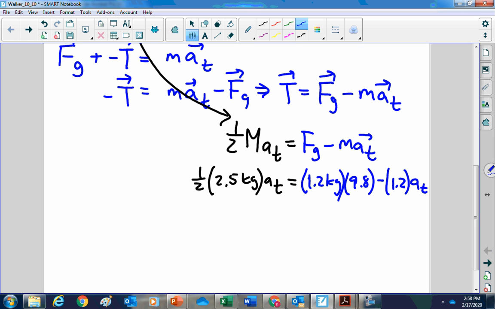I'm going to have half of 2.5, so this is going to be plus another 1.28 a_t.